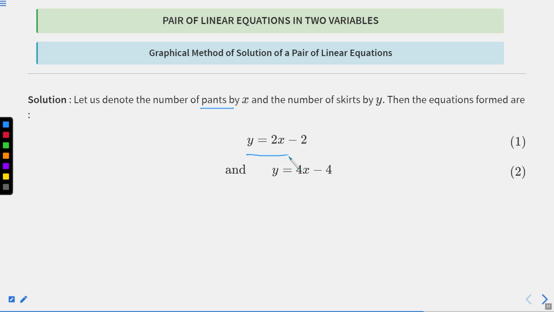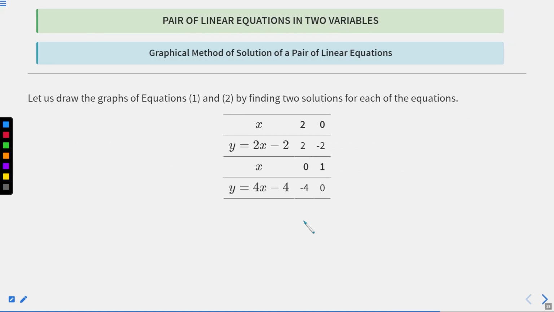And the number of skirts is 4 less than 4 times the number of pants. So we get another equation: y is equal to 4x minus 4. So here you get two linear equations: y is equal to 2x minus 2 and y is equal to 4x minus 4.